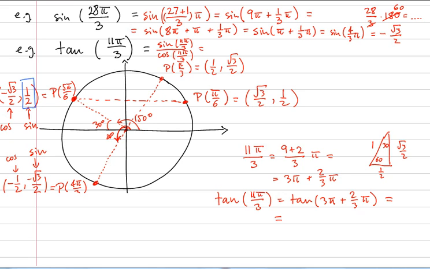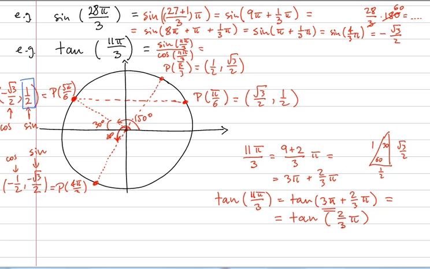Tan has period pi, so tan of pi is the same as tan of 2 pi, and so on. So tan of 3 pi disappears here. We get, by periodicity, the same answer as tan of 2/3 pi.